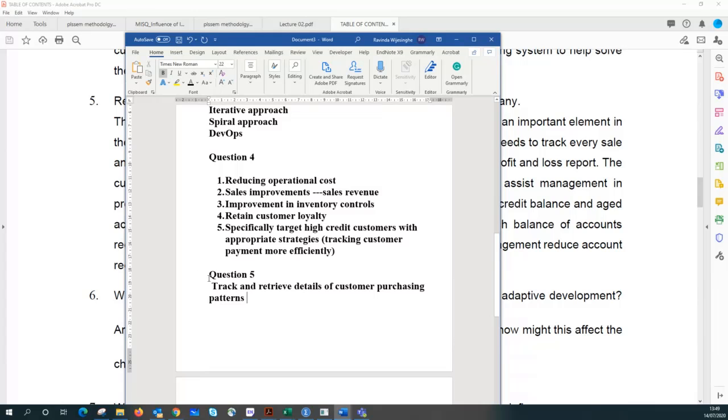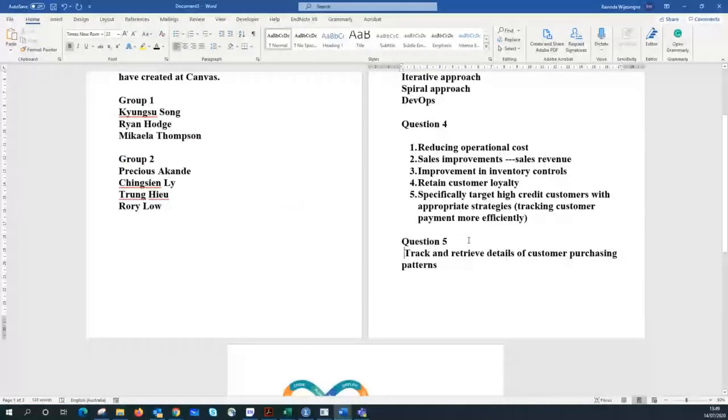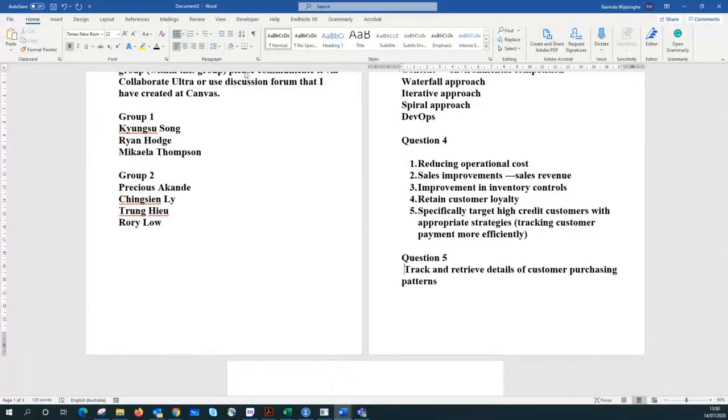That's actually one of the key capabilities, I would say: purchasing pattern. If we can implement a capability to track the customer's purchasing pattern for every purchase, then of course we can specially target, right?